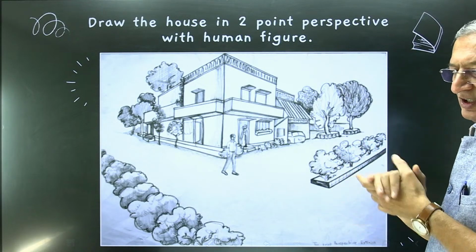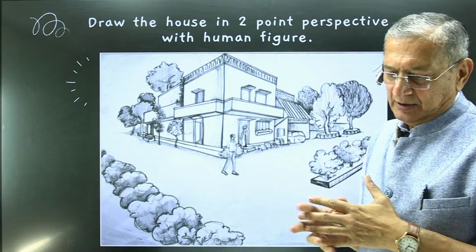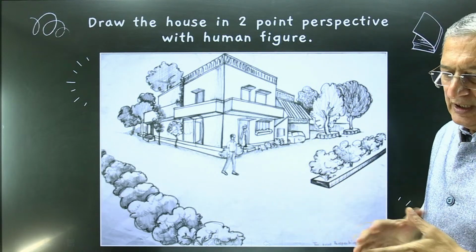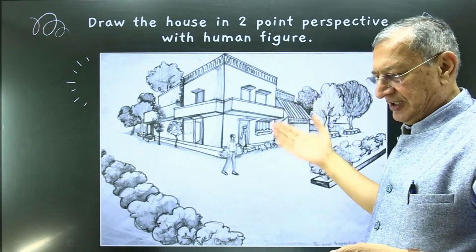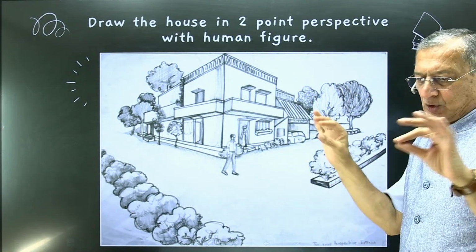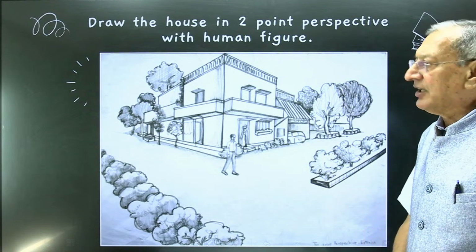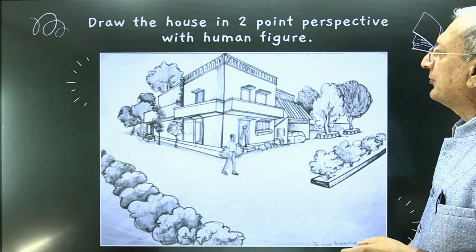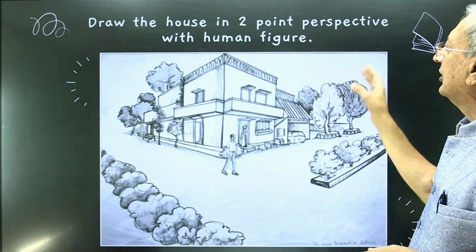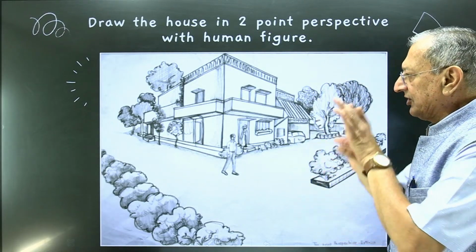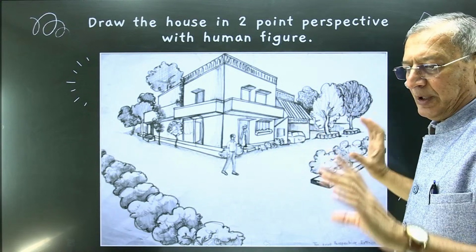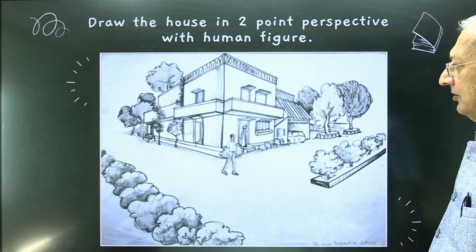In preparation, how we generally prepare, like I prepare my students, I give them 1-point perspective, which I explained to you in detail with those graph and deviating lines. Then in 2-point perspective, draw a house in 2-point perspective with human. This is not a question of NID. This is just how we prepare ourselves.